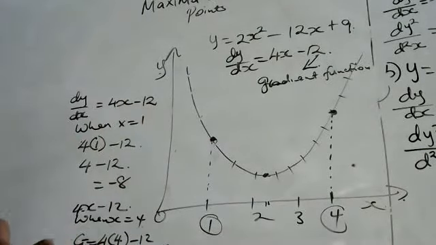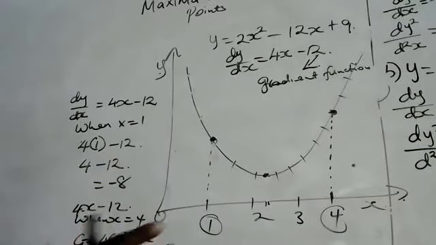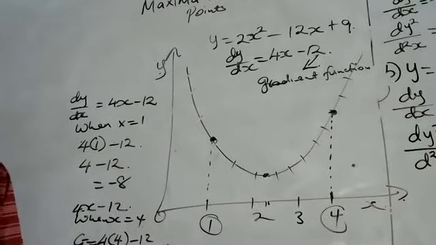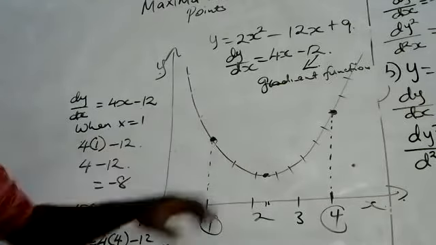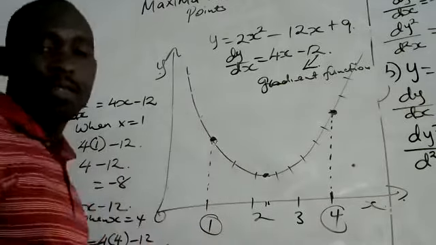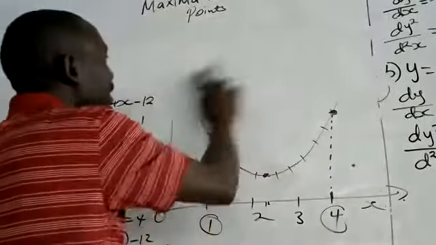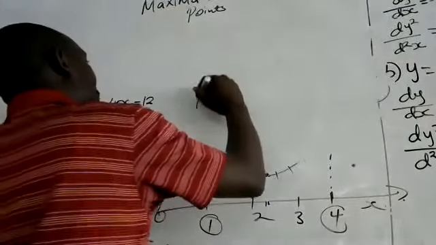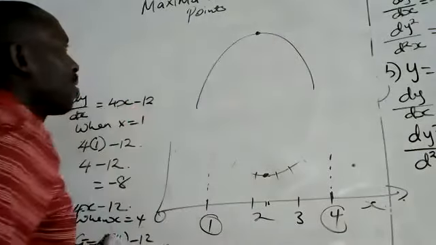And actually, this concept we are going to apply from this particular point up to the end of this chapter, because we shall be talking about the maximum profit or the minimum cost, the maximum revenue, and all that. The maximum profit is going to be earned at the maximum turning point, where the curve is at the maximum.